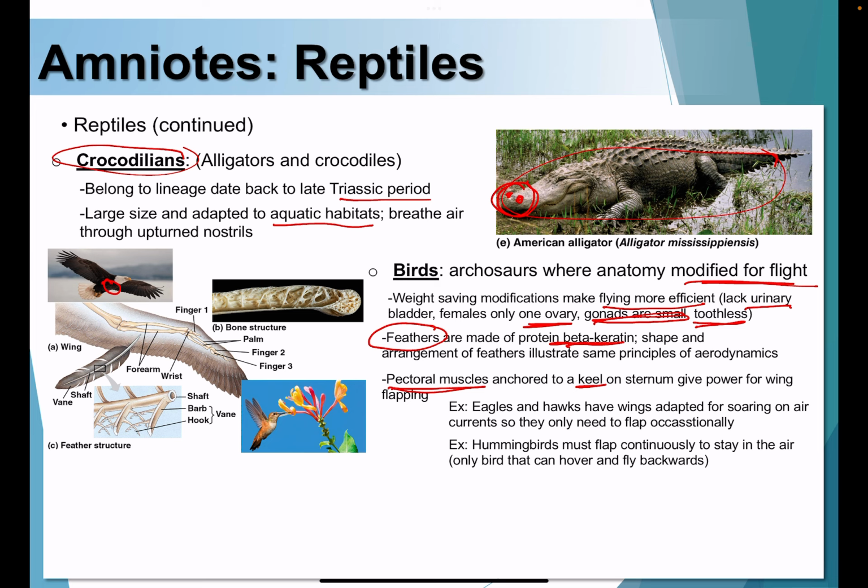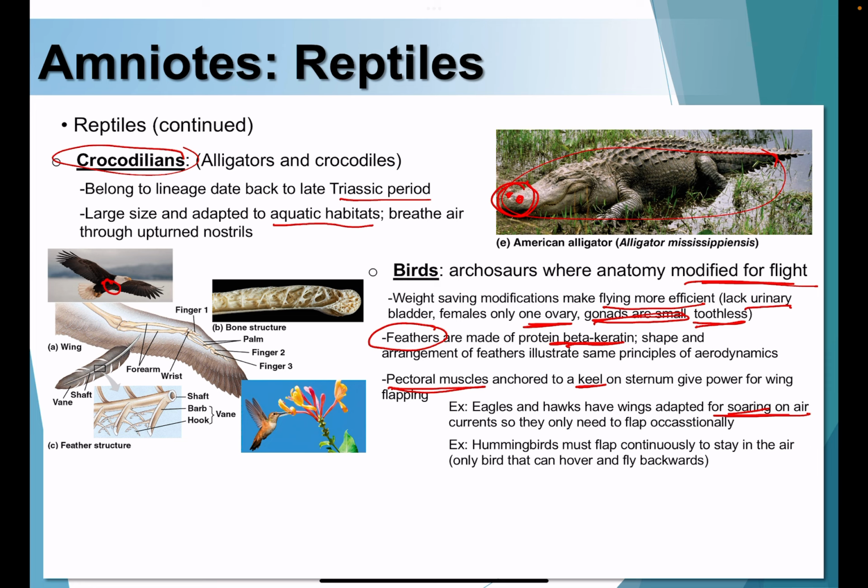For example, eagles and hawks have wings that are adapted for soaring in the air. That's nice. So it kind of soars and balances itself on air currents. When they're in the sky, they only need to flap occasionally to keep themselves afloat in the air. They don't need to keep flapping their wings in order to stay in the air.